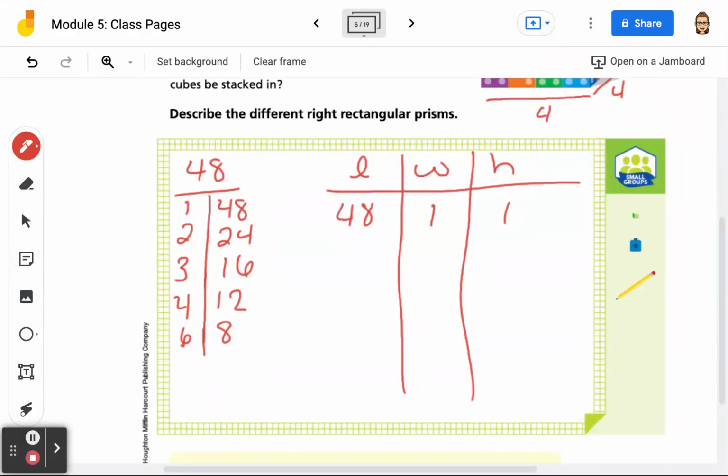So if I do 24, the only way to get 2 is 2 and 1. We can do 16. The only way to get 3 is 3 and 1. So I can get 12.